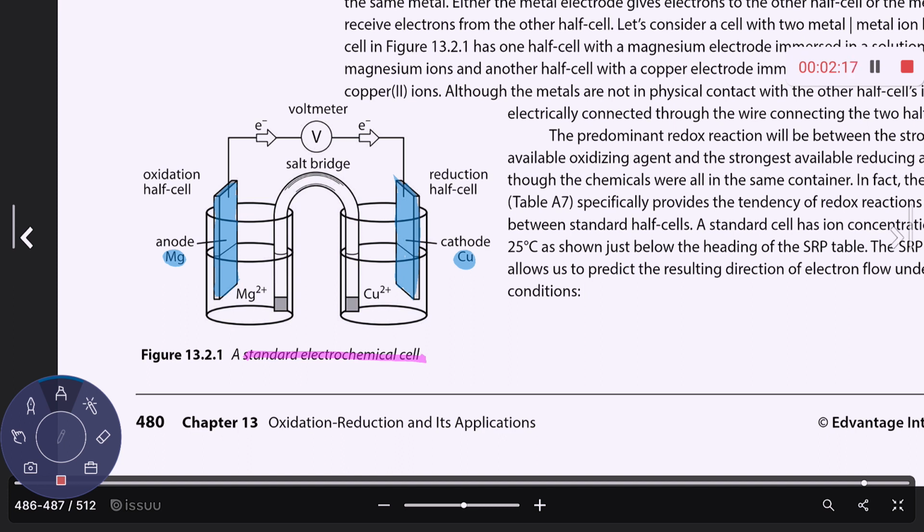So we're going to be looking at the purple side.